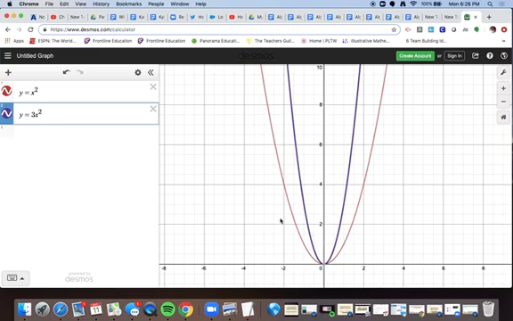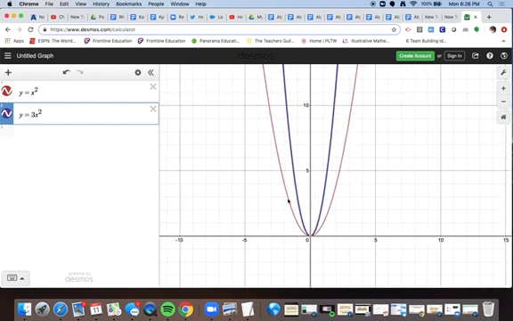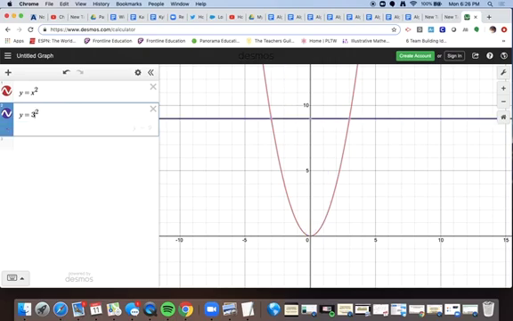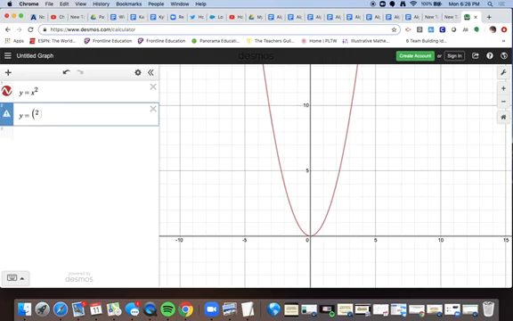Now this went up 4, so my guess is it's going to be 12 where you get up here, and lo and behold, there it is. If I change this now to a horizontal one, in other words, I put this 3x inside the parentheses, it completely changes it. What it does is it takes this distance that was here and cuts it by 1/3.